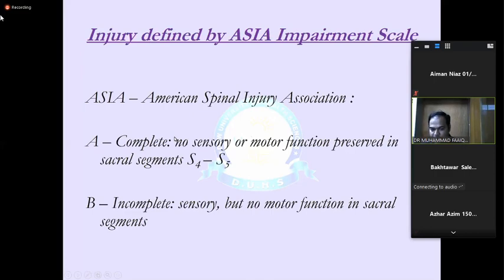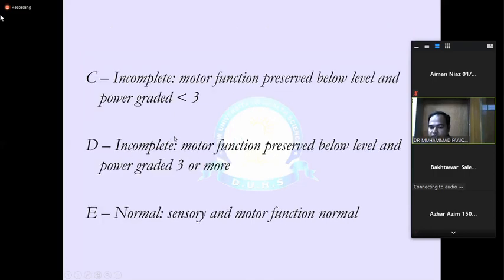In C, sensory functions are intact, motor functions are preserved but not fully, and the power is less than 3. Again, in D, motor power is more than 3. So it is the scale to gauge the severity of spinal cord injury.